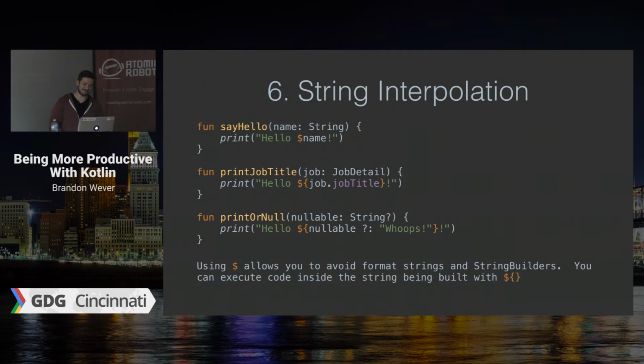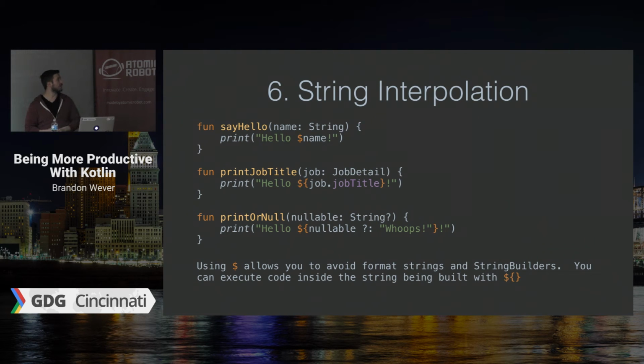Okay. And then just another quick thing is string interpolation. I don't really like having to remember how to write format strings or look it up or mess with string builders. So up top we have a sayHello function that just takes a name string, and if you just want to put a variable in a string, you just put a $ sign in front of it, and you get the name.